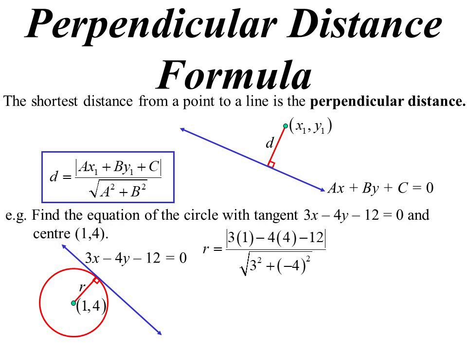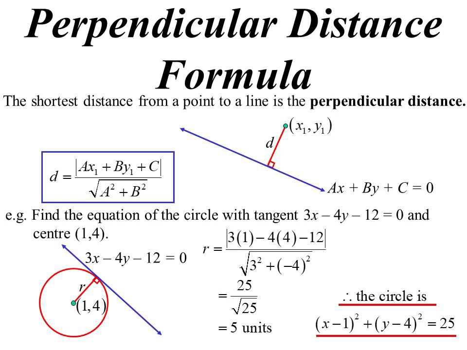And we end up with 25 on root 25, which cancels quite nicely, 5 units. So now I know the centre of the circle and I know the radius of the circle. So therefore the equation of the circle must be x minus 1 squared plus y minus 4 squared is 25, because we've shifted our circle centre and we know the radius is 5. So that's our perpendicular distance formula.